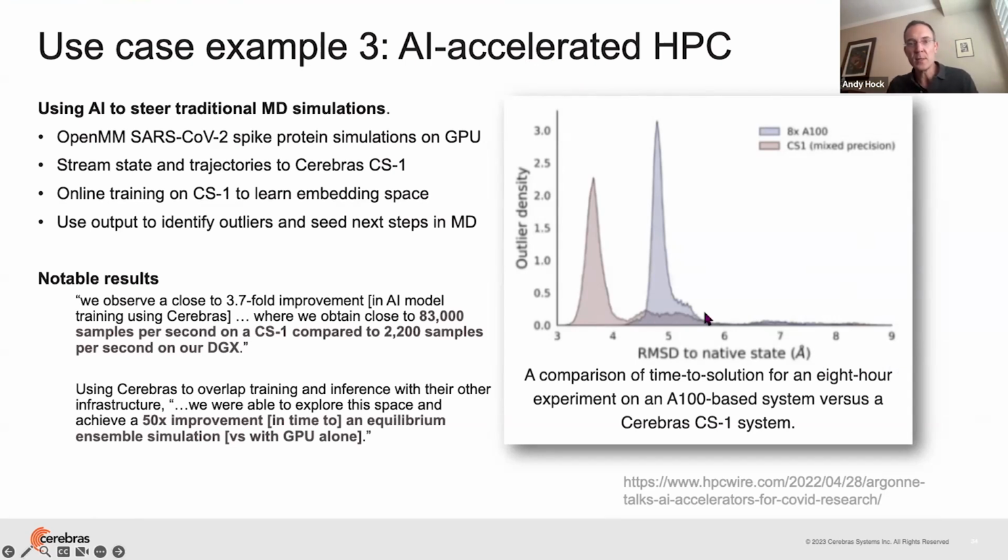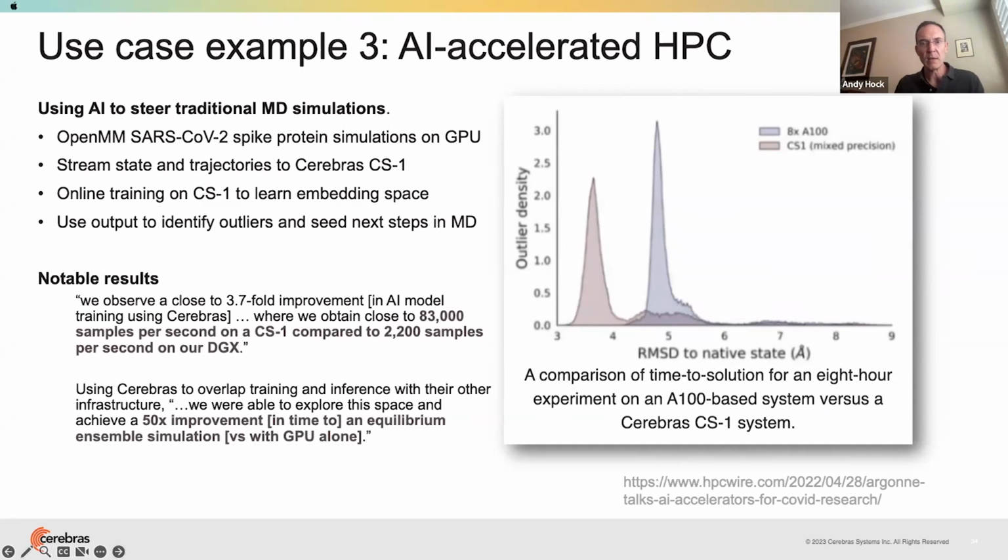So what you can see on the right is a comparison of overall time to solution for an 8-hour experiment, comparing the molecular dynamics solution time to equilibrium on a cluster of A100s only, GPU only, versus a cluster of A100s plus Cerebras in the loop.